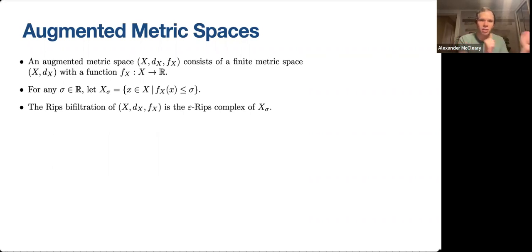So we have two parameters here. We have epsilon and sigma. And basically what we're doing is as sigma increases, we're taking more and more of the vertices from X into our set that we're considering. And as epsilon moves, we're adding in more and more simplices between those vertices. And so it's a sort of combination of these two things, right?